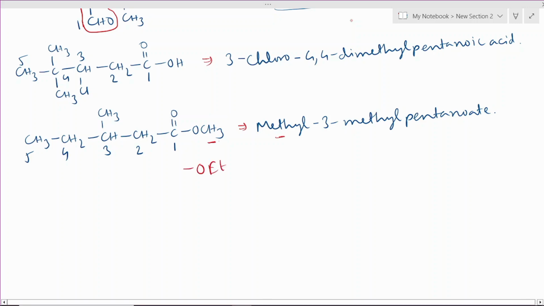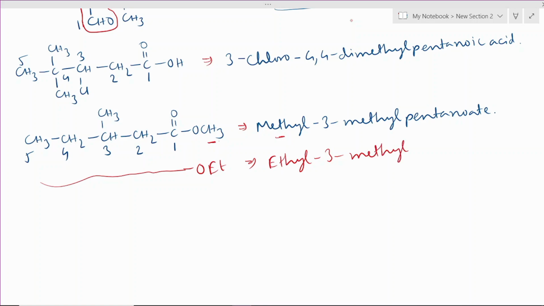If the rest is the same and it is OEt, then it will be ethyl 3-methylpentanoate. So this is written first. Here also this is written first.